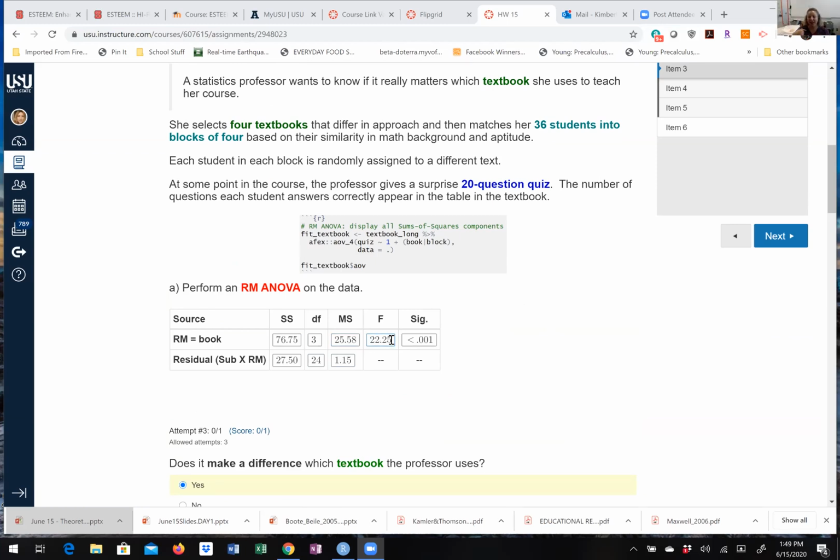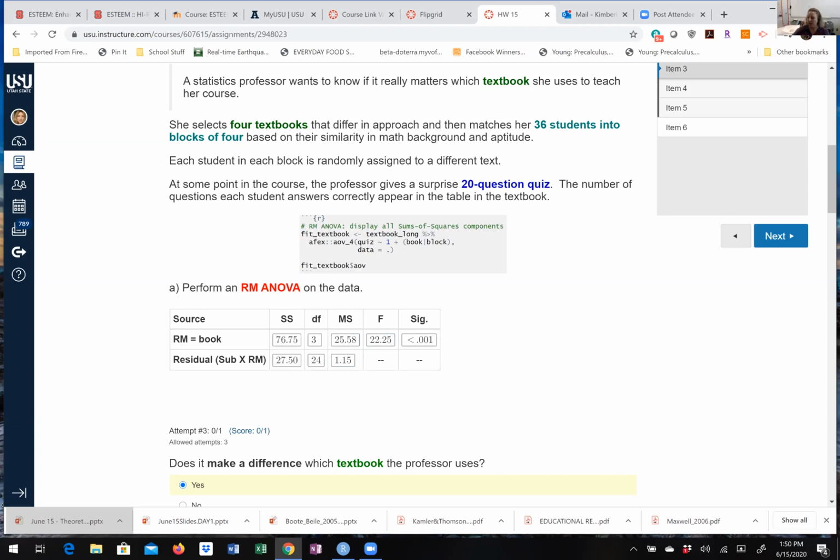When I did it by hand, I kept 3 decimal places, so the mean squares were 25.583 and 1.146. If you only rounded those to 2 decimal places, then you get 22.25. When I kept the mean squares at 3 decimal places, then I matched R. So this is just round-off error.